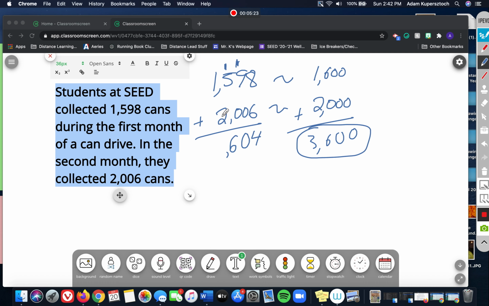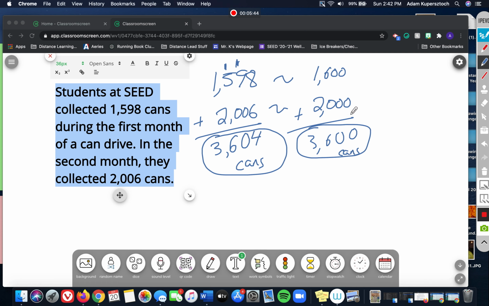And then 2,000 plus 1,000 is 3,000. So if they ask me exactly how many they collected, they collected exactly 3,640 cans. About how many cans did they collect? They collected about 3,600.